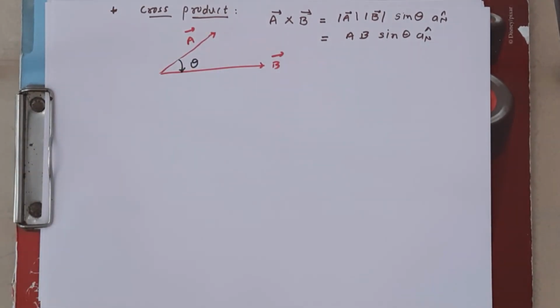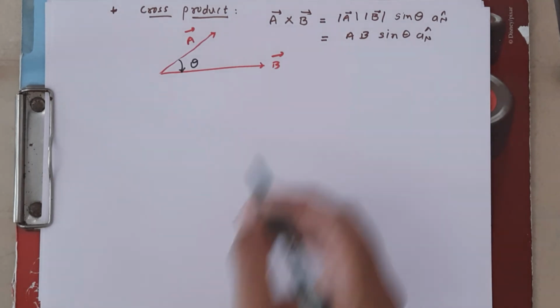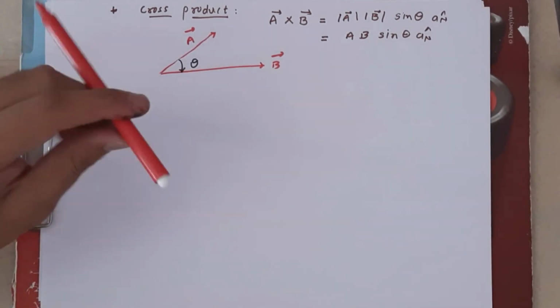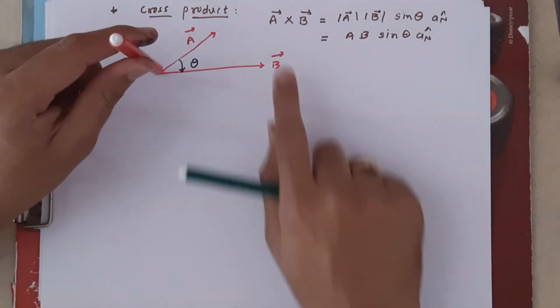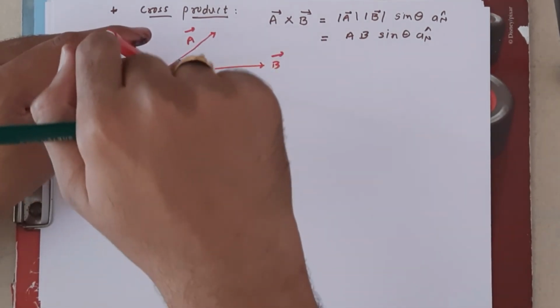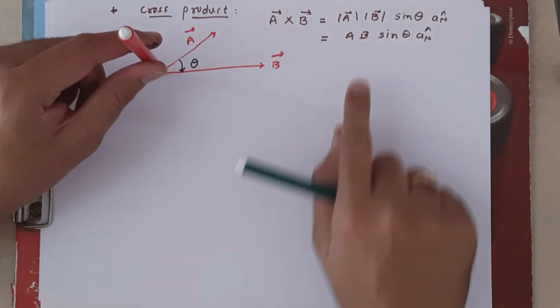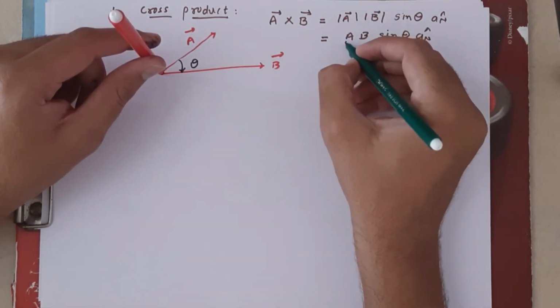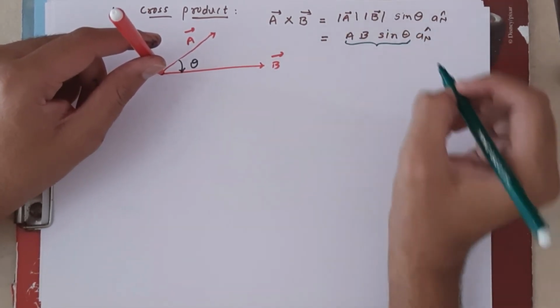Okay, so what is the magnitude or value of this A cross B vector? Whatever new vector is generated, this one is my new vector and it is inside the page, because it is A cross B. The magnitude of this new vector is A B sin theta.